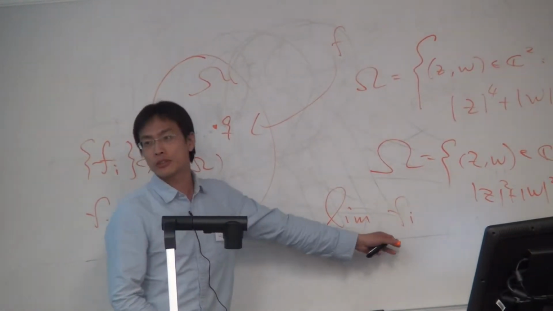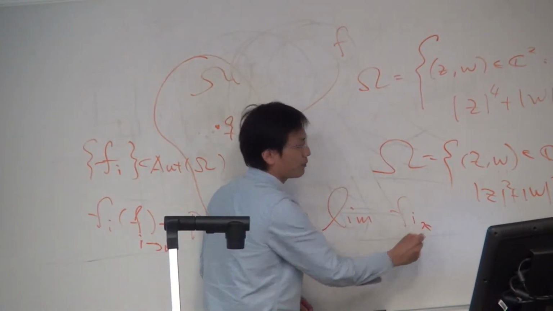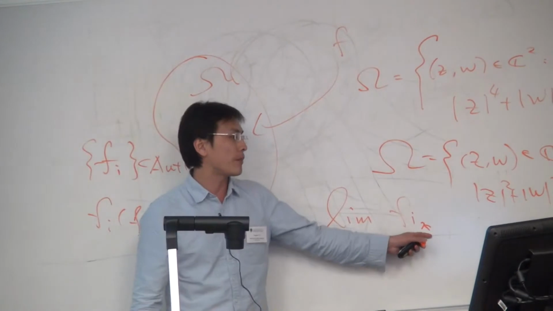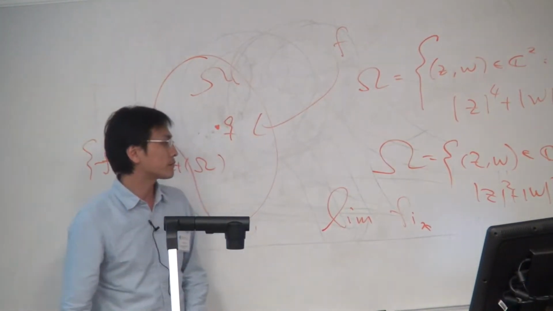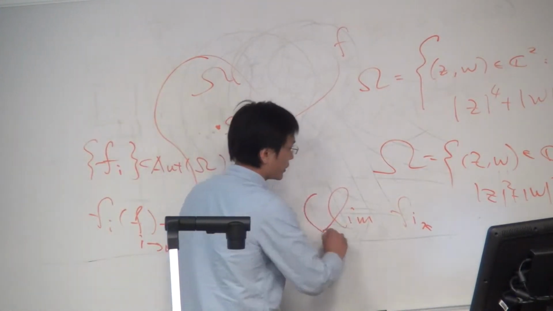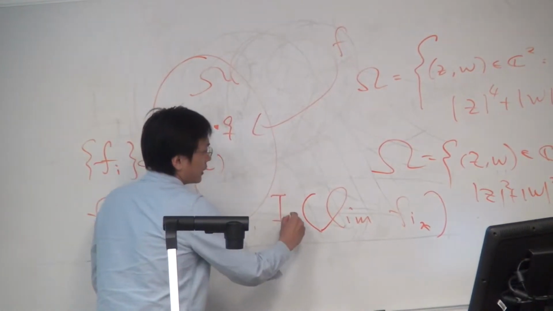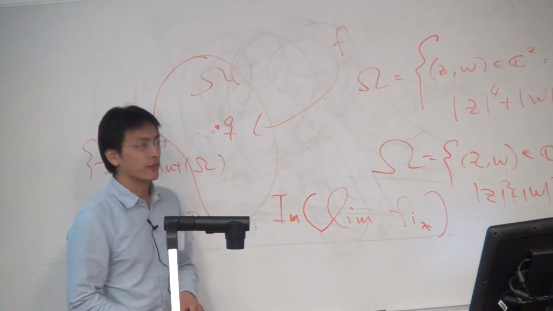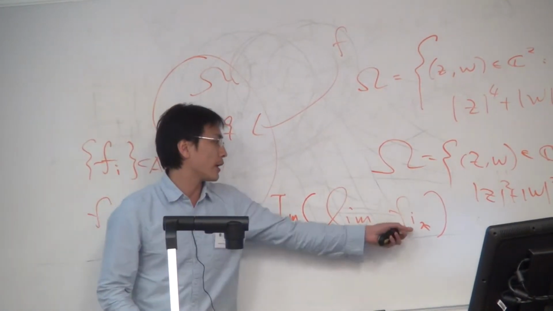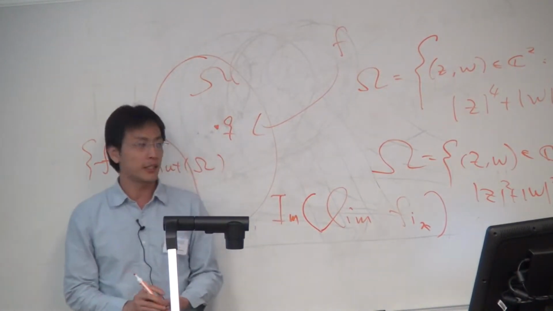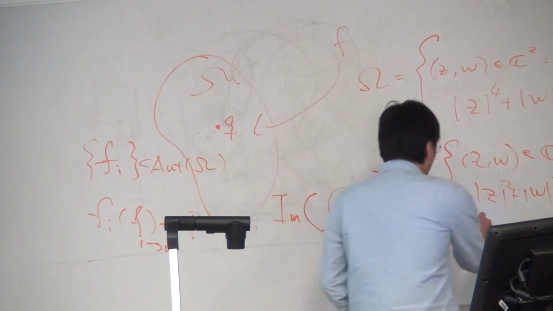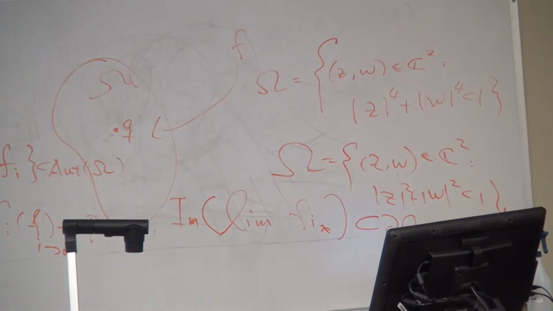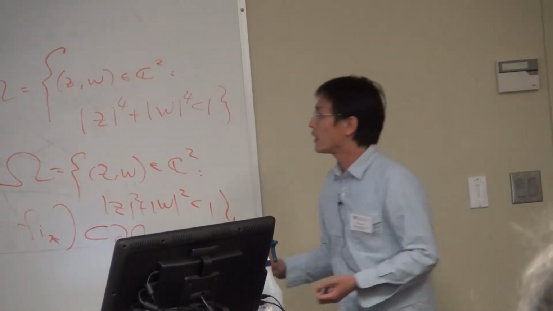Since we want to study the limit, by Montel's theorem, a subsequence must have a limit, so we may pass to a subsequence. The limit is going to be a map, and the image of the limit map will be contained in the boundary of omega. This is what was proved in Cartan's theorem.